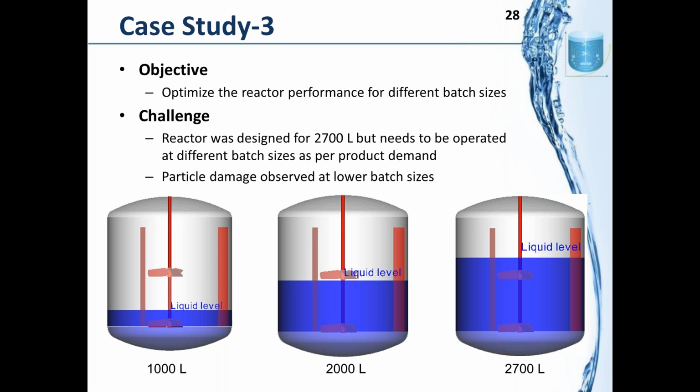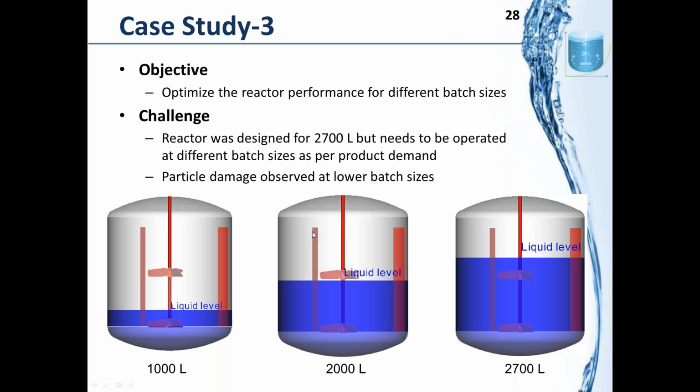The process involved solid particles getting formed, and the problem observed was that if we operate at a very low volume, lower than the volume for which the vessel was designed, particle damage was observed at the lower batch sizes.